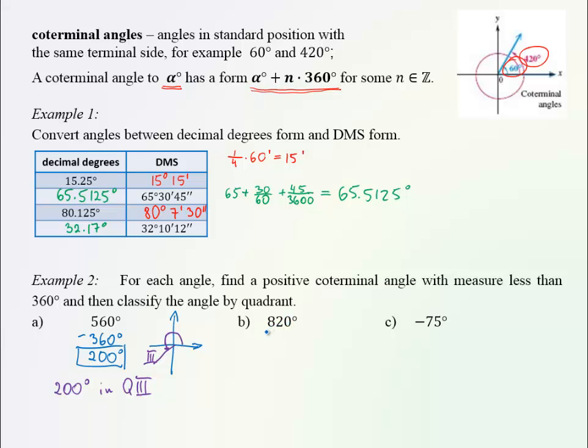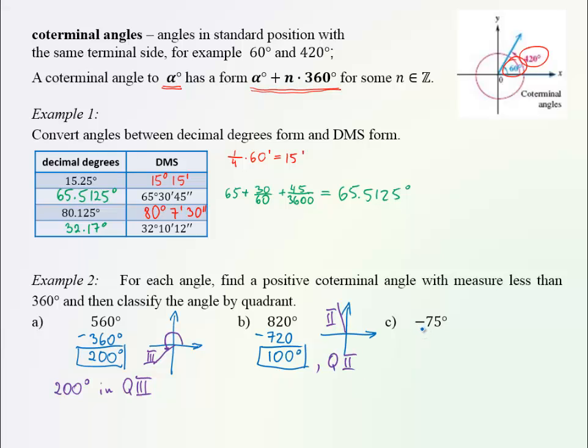Okay, we can subtract 360, but then it's still too much. So let's subtract twice 360, which is 720. So we end up with 100. Our coterminal angle is 100 degrees, and it can be located in a system of coordinates more than 90, therefore in second quadrant, quadrant 2.